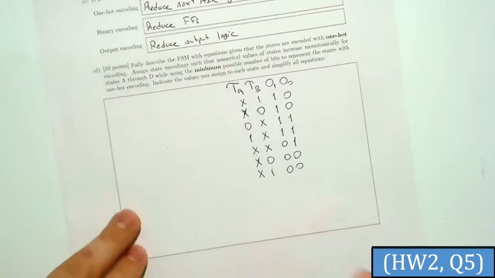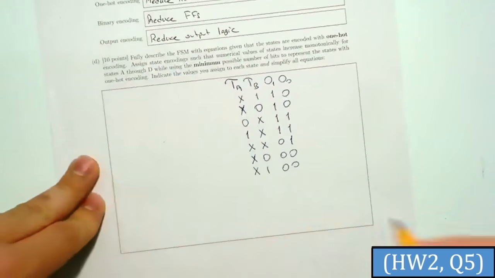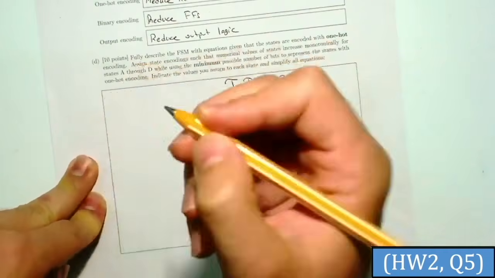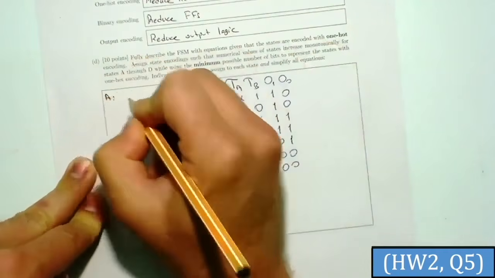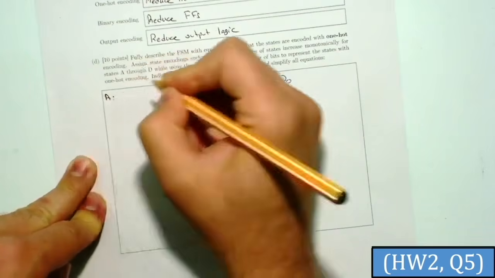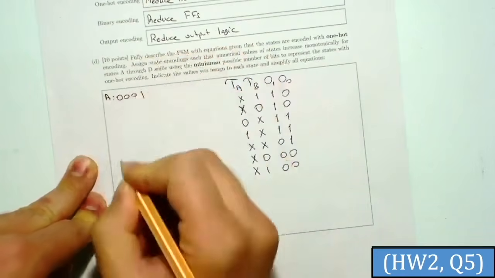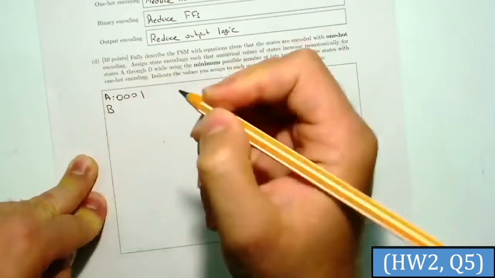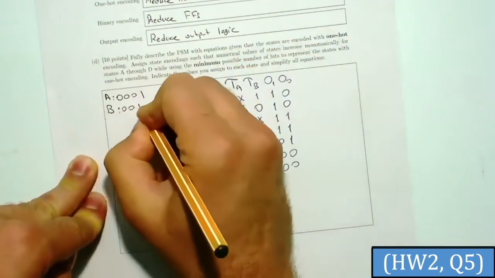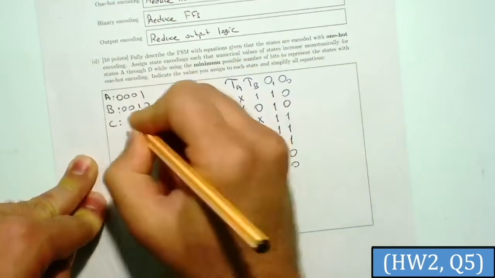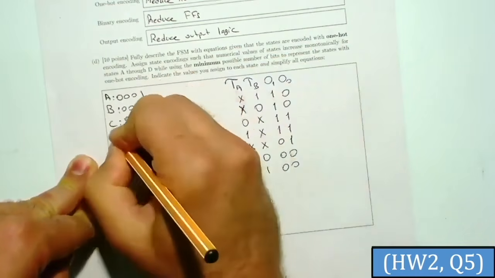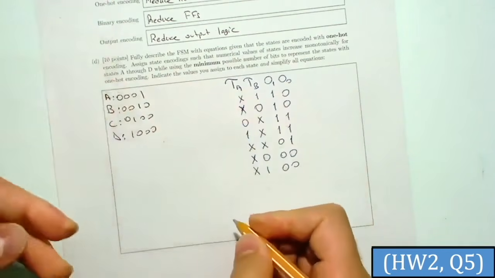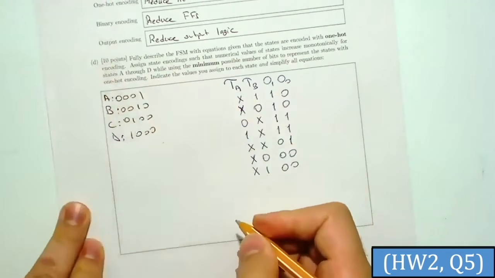For the one-hot encoding, I'm going to represent each state using a single bit. So for example, I can represent A with the least significant bit, and then B, C and D. Every state is represented by a single bit.